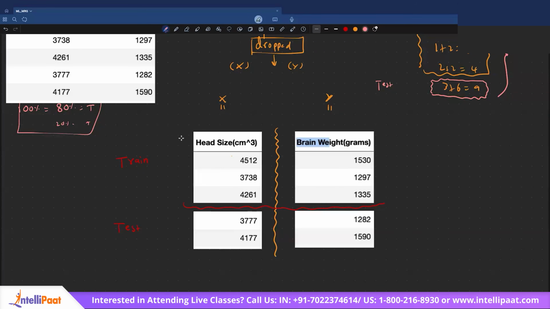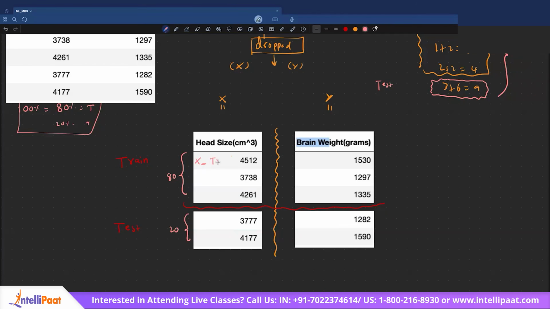For example, I have taken about 80% for training and 20% for testing. Agree, disagree? My people, this variable here, does it belong to X or to Y? This belongs to X. Underscore. Does this belong to training or does it belong to testing?